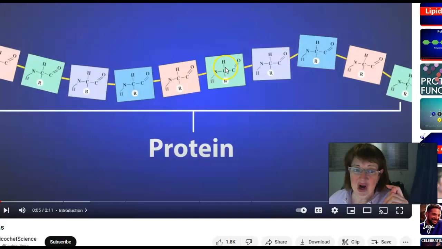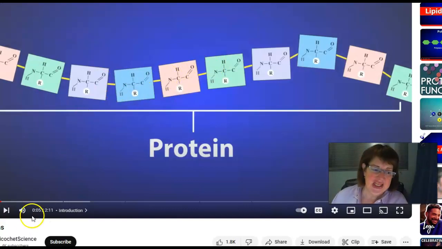And we still have carbon, we still have hydrogen, we still have oxygen, but now we have another element, nitrogen. And also there is what's called this R group, and this R group makes up the differences between each of what's called the amino acids. So let's listen for a bit about the structure.